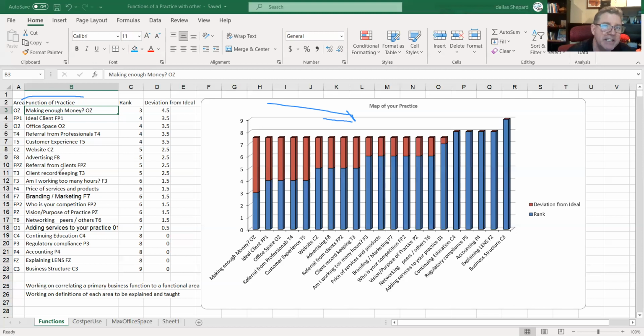Branding and marketing. Obviously, this ties back into our advertising, but branding and marketing is really important. What is the message that you're putting out on social media, your website, your print ads, or print materials? Is it consistent, and does it look good? Who is your competition? This is an interesting phenomenon, because we're not just in competition with other lens providers within the area or city that we live in.